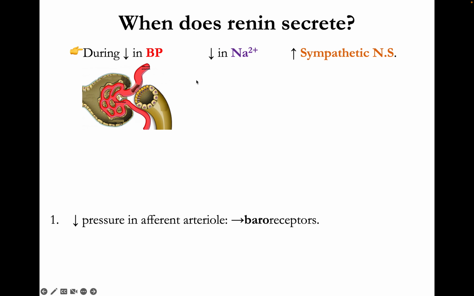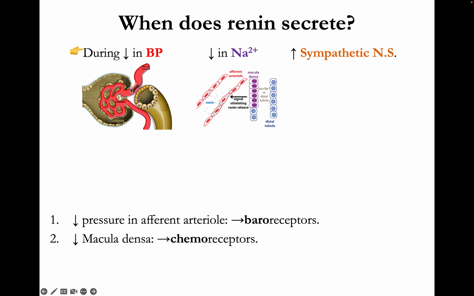And second, this mechanism is reinforced by a decrease in sodium, that is, a reduction in the sodium chloride concentration in the distal convoluted tubule, which also causes chemoreceptor stimulation, which will cause the secretion of renin.